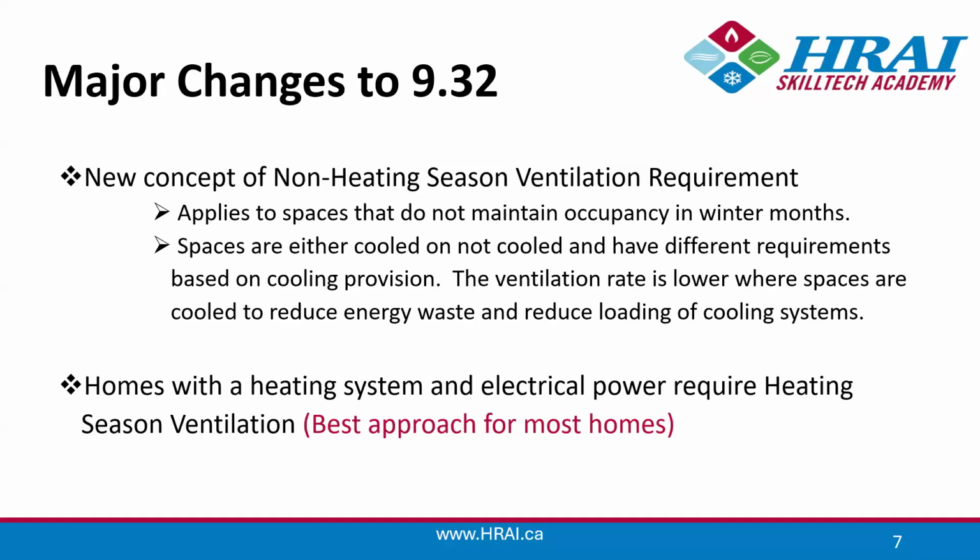The ventilation rate is lower where spaces are cooled to reduce energy waste and reduce loading of the cooling systems. Homes with a heating system and electrical power will require heating season ventilation. So there's those two options, and usually that's the best approach for most homes. If we take that approach, we're covering both scenarios.